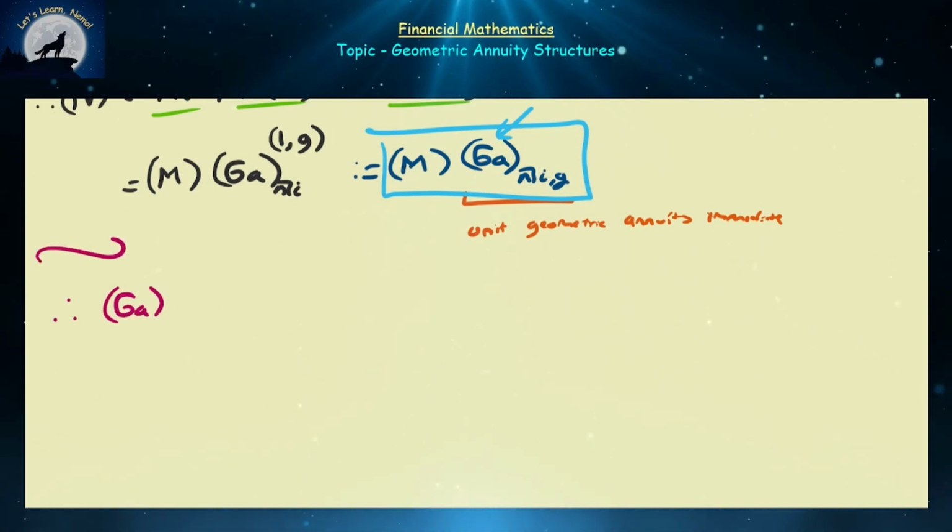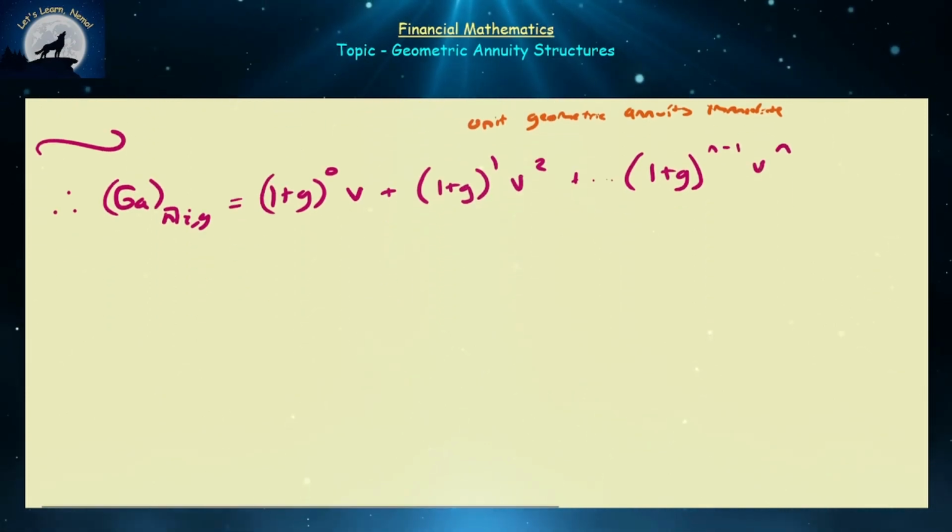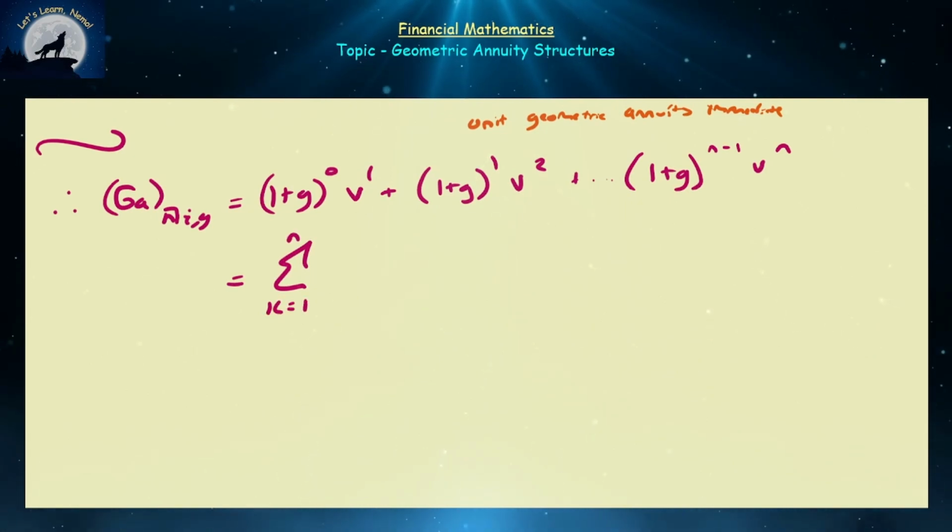So what do we get? We have (Ga)_{n|i,g} equal to (1 + g)^0 times ν, plus (1 + g)^1 times ν², all the way down to (1 + g)^(n-1) ν^n. We can easily write this in summation notation, with a slight shift to deal with. That's just going to be equal to the sum from k = 1 to n of (1 + g) to the power of what?